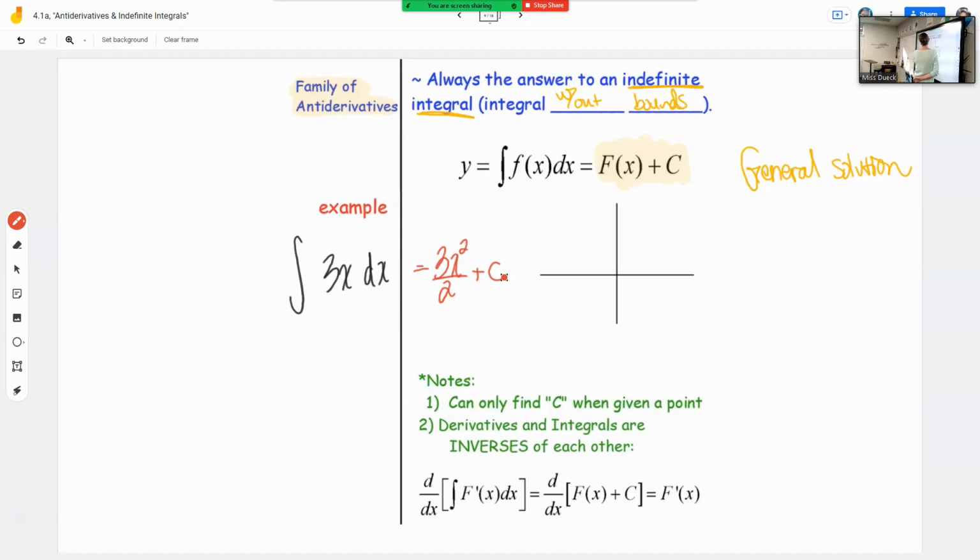But what if it's just at c? Okay, cool. Or what if it's at 1? Or at 2? Or what if it's at -1? How many of these could I draw?